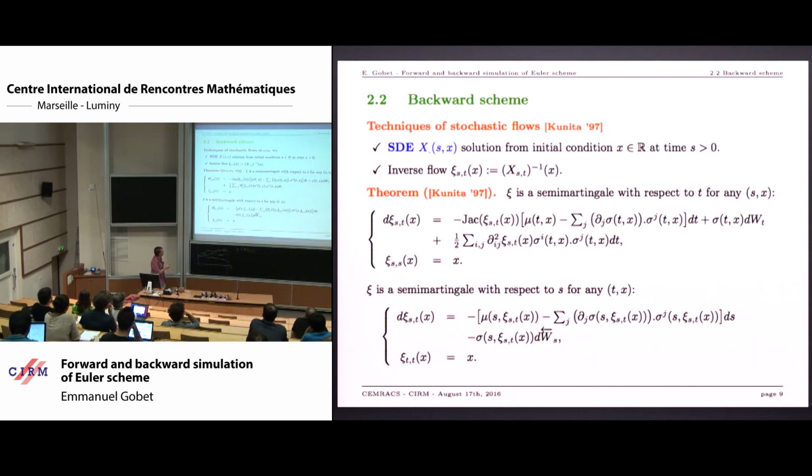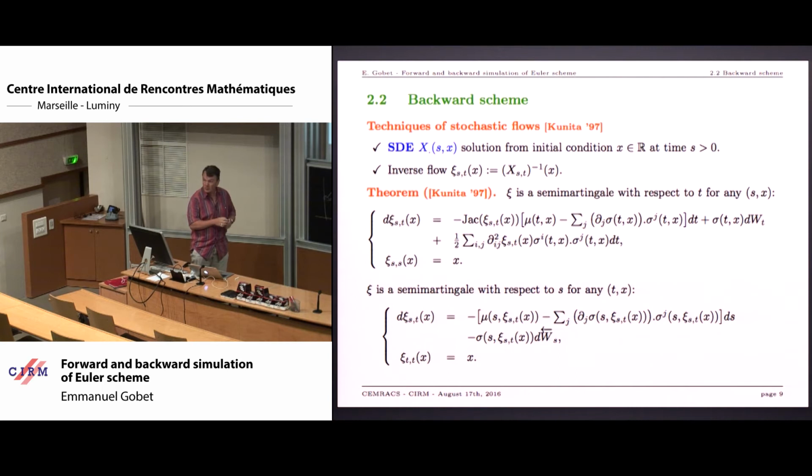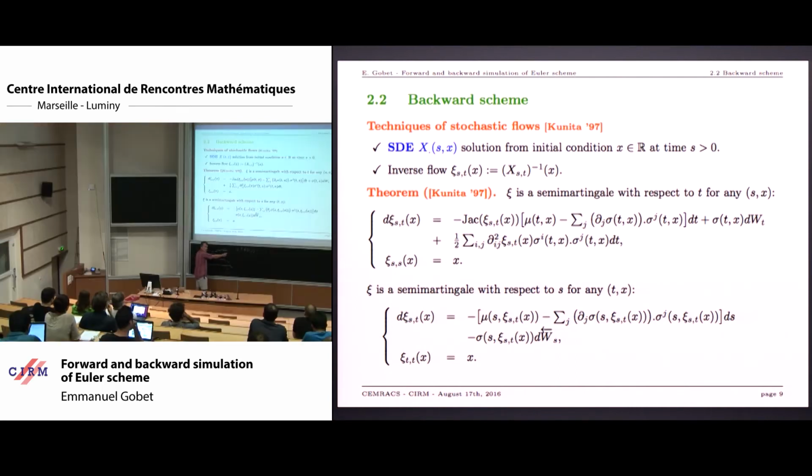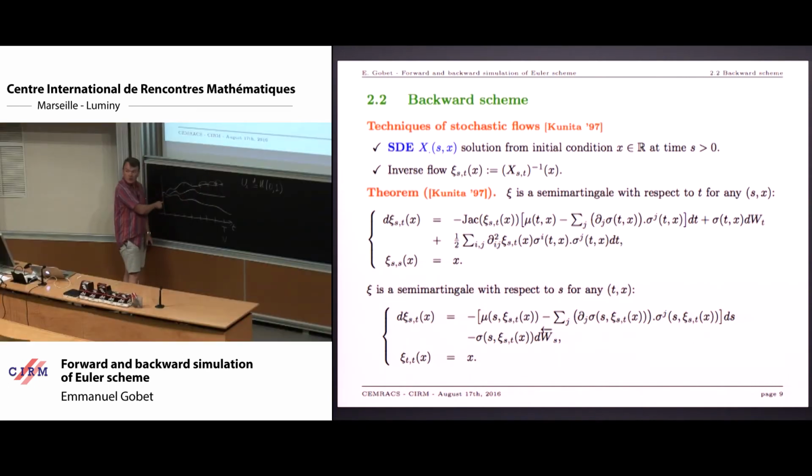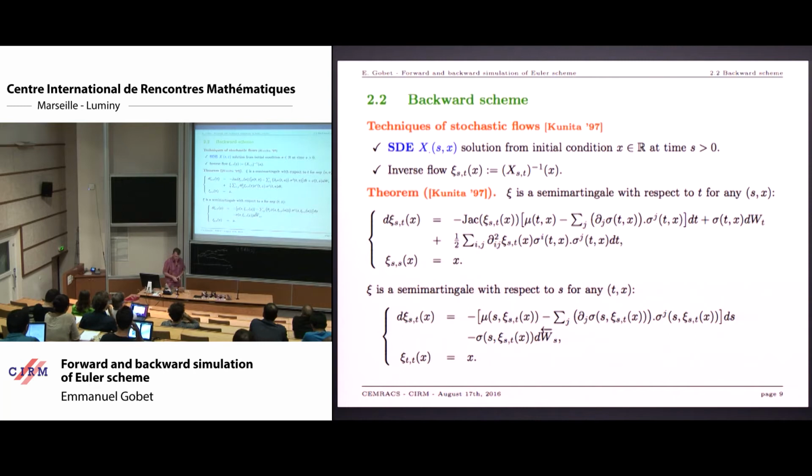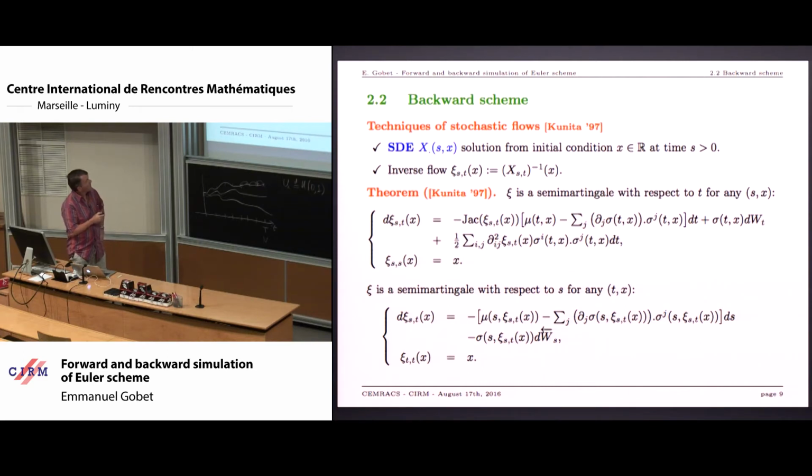So you can consider the inverse flow, so this is the inverse function. You are given a point here, and you are just wondering what is the initial point associated to that terminal point. So there's a one-to-one correspondence between ending point and starting point. And in fact you can study the semimartingale properties of this inverse flow process.